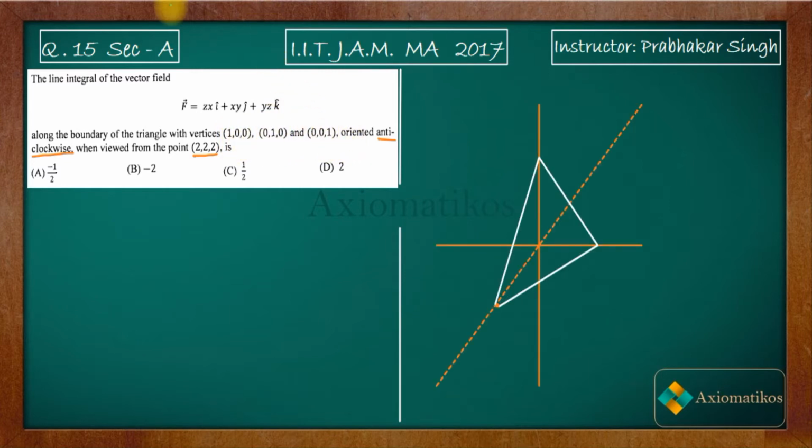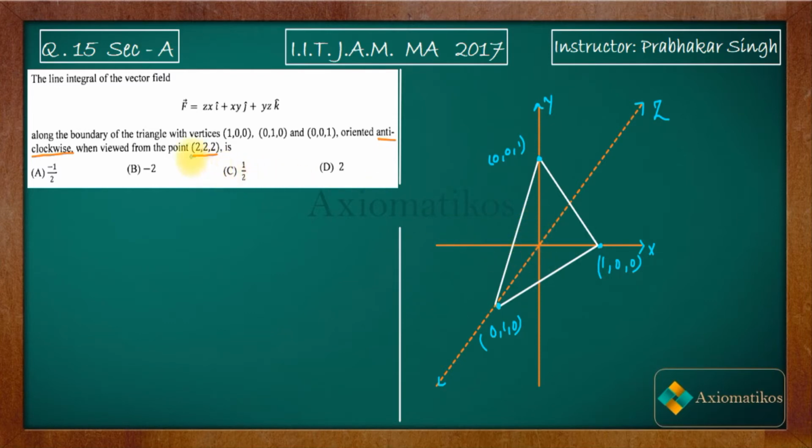So this is our triangle. Let us say this point is (0, 0, 1), this point is (1, 0, 0), and this point is (0, 1, 0). It means that this is our x-axis, this is our y-axis, and this is our z-axis. Now what we have to see is whether the given orientation will be clockwise or not.